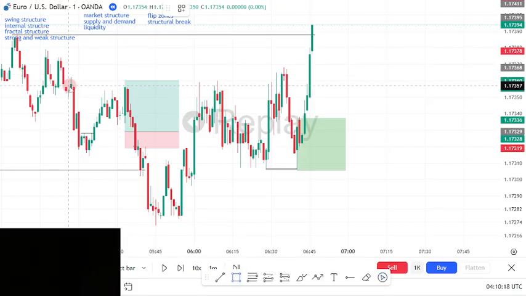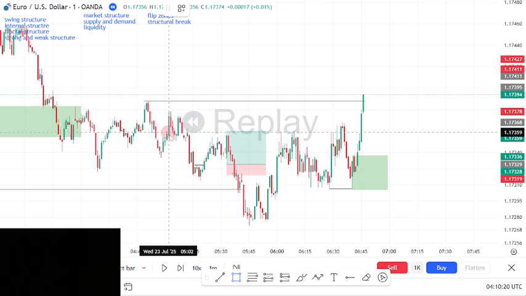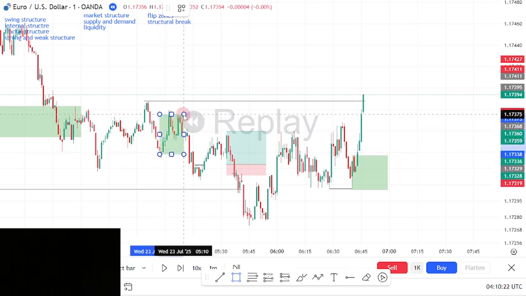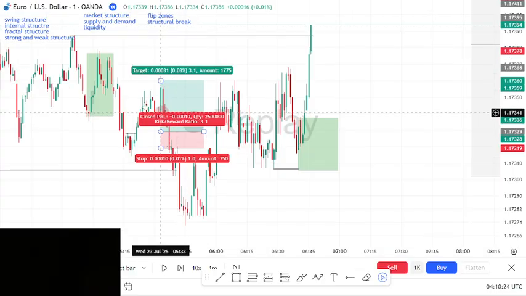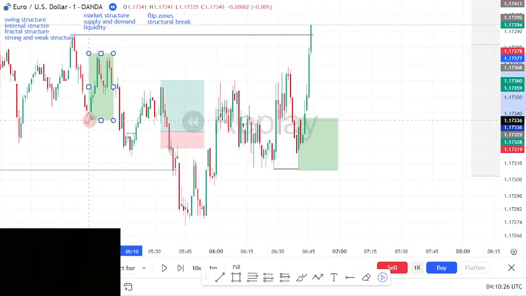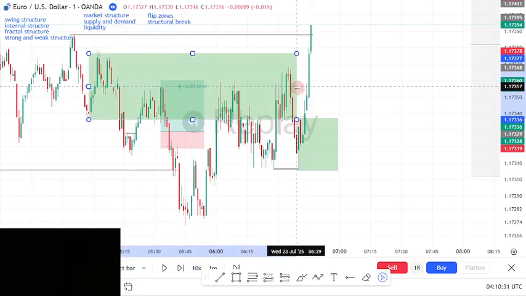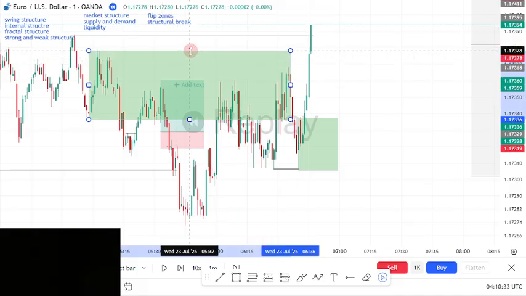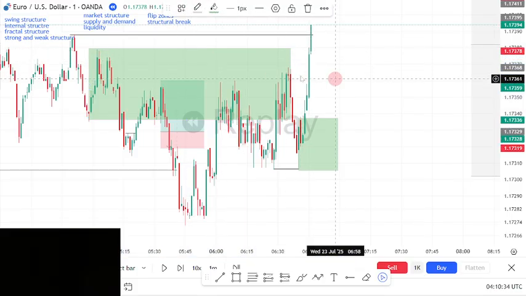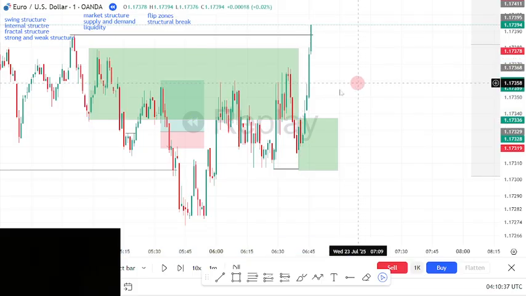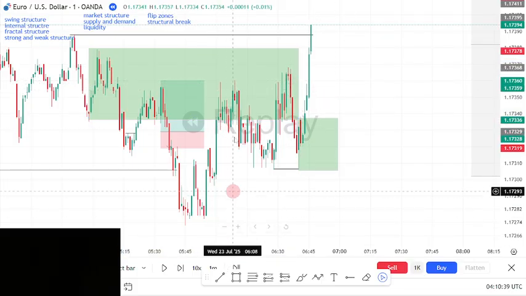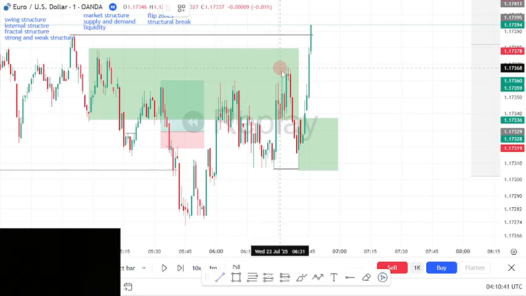We had one demand region here, a valid supply region in which we were expecting a massive sell-off. When price came into the zone, multiple reactions, all of which failed, but I will use the recent one because here is also a failed reaction.